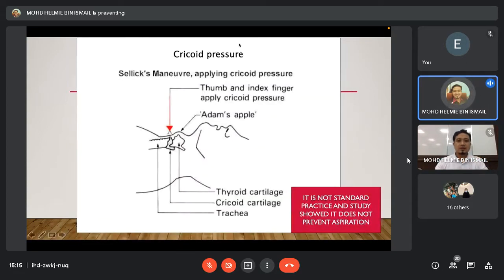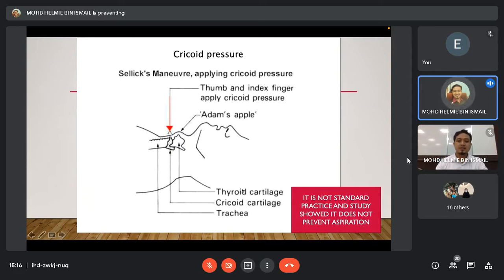Cricoid pressure, also known as the Sellick maneuver, is applied on the cricoid cartilage using the thumb and index finger, in order to close the esophagus underneath the cricoid.